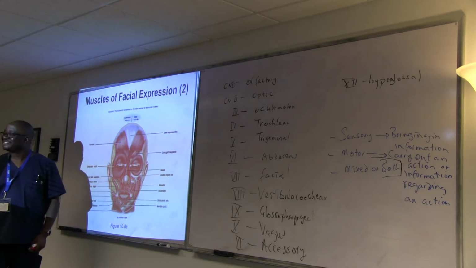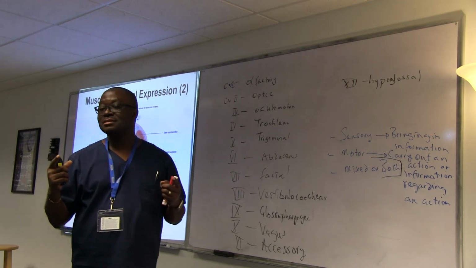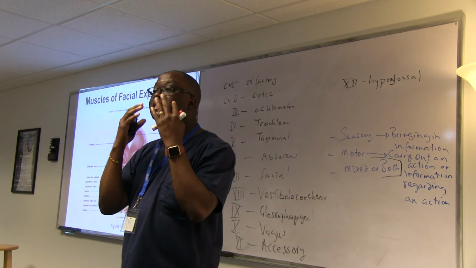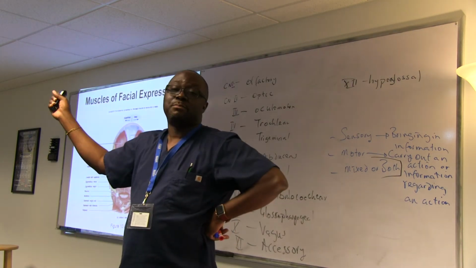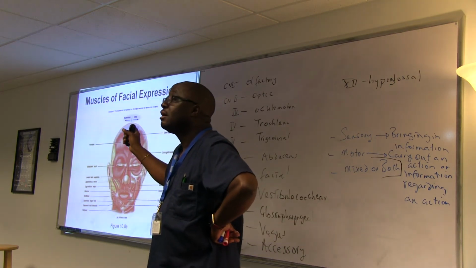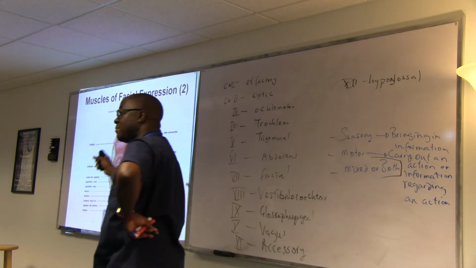Sneering. So, when you ask your patient to do that, if there's something wrong, all of those facial expressions, frowning, smiling, raised eyebrows, if they cannot do that, what nerve might possibly be the problem? What nerve? 7. Facial nerve, exactly. That might be the problem.